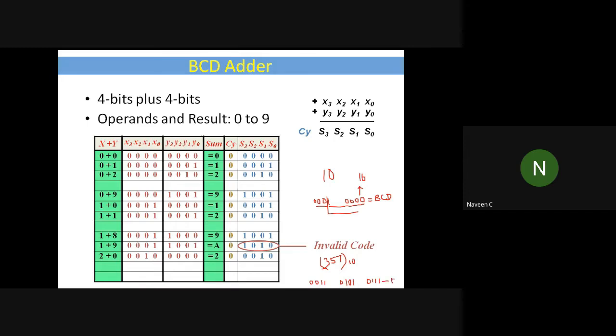So it is very easy to represent, because if you try to represent using binary, you need to do all the arithmetic calculation.